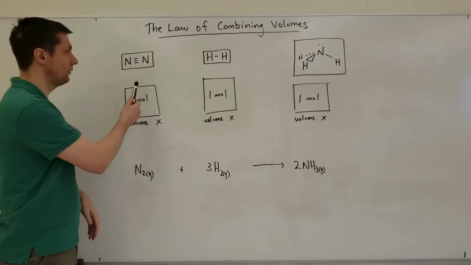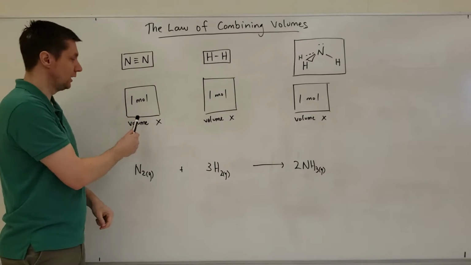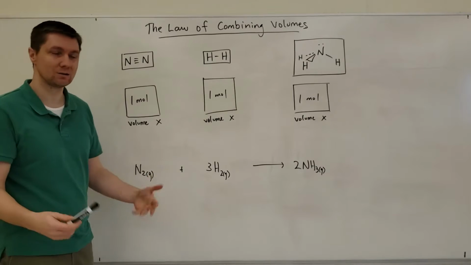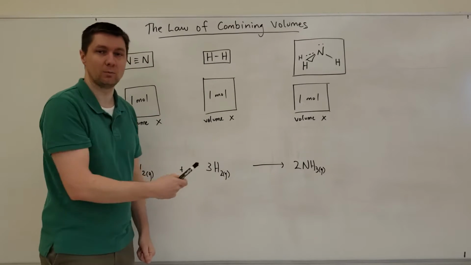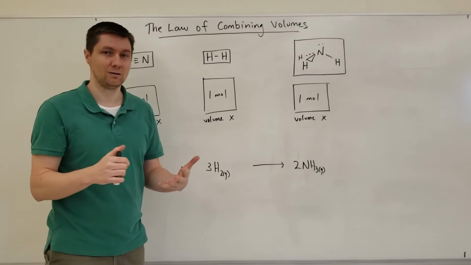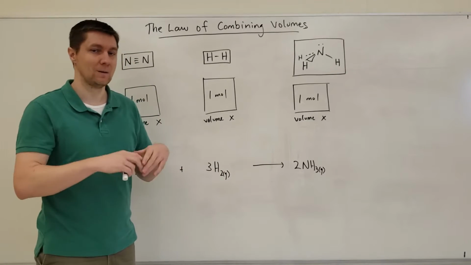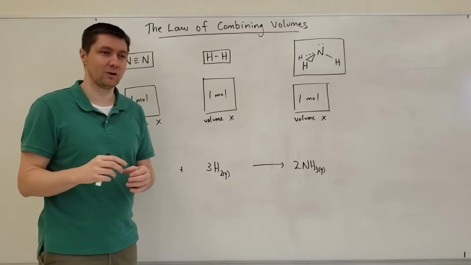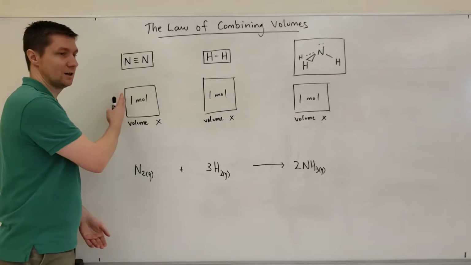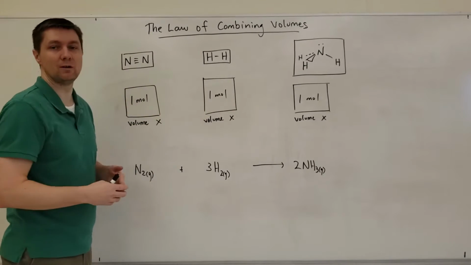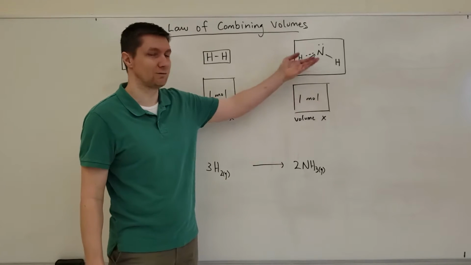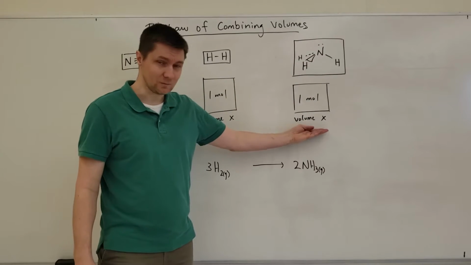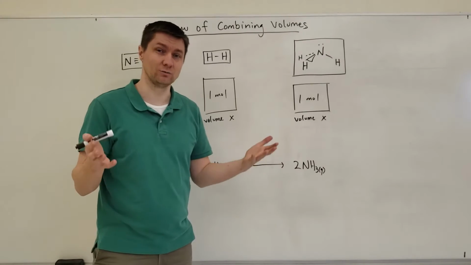So, for example, if I have 1 mole of nitrogen, it's going to occupy volume X. And if I have 1 mole of hydrogen, it's also going to occupy volume X. Not 2x, not 1/2 x, not a different amount of volume. It's going to be exactly the same as the nitrogen because I've got the same number of molecules present. And if I have the same number of molecules present for ammonia, then it's also going to occupy volume X.